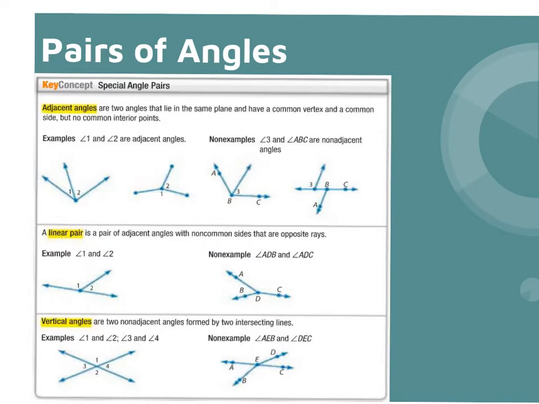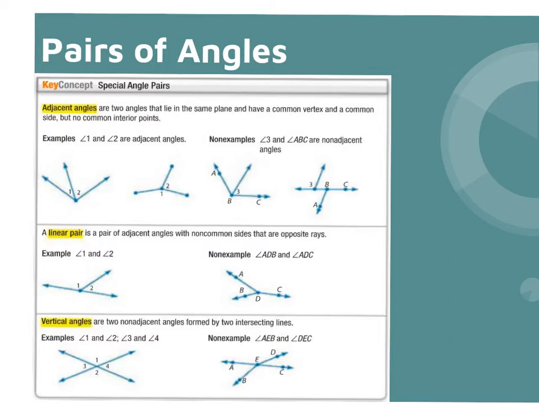And so that means they are no longer adjacent angles. In this case, angle 3 and ABC do not share a common vertex. They have different vertices.